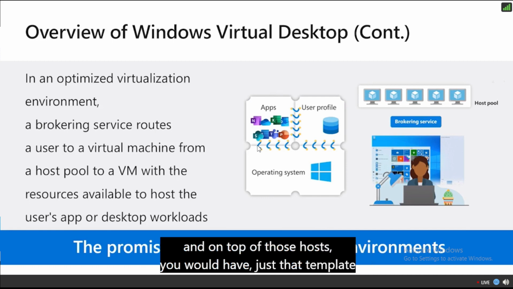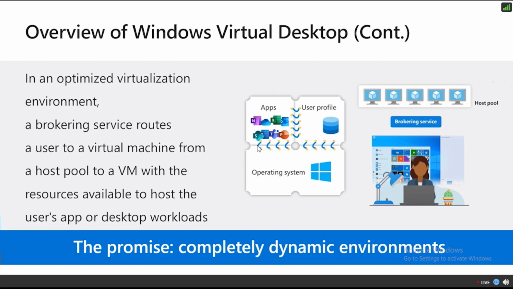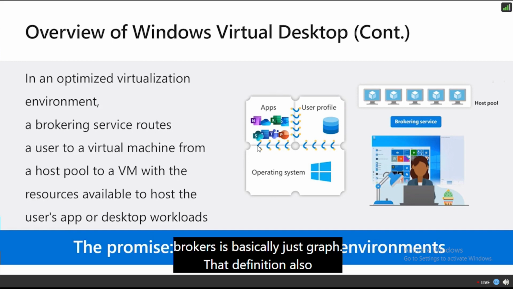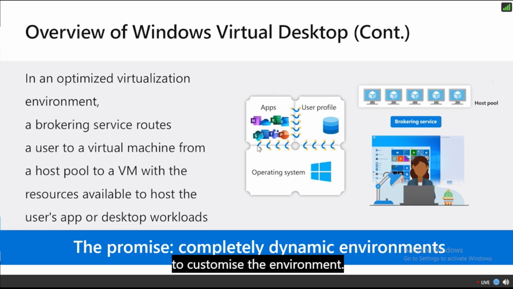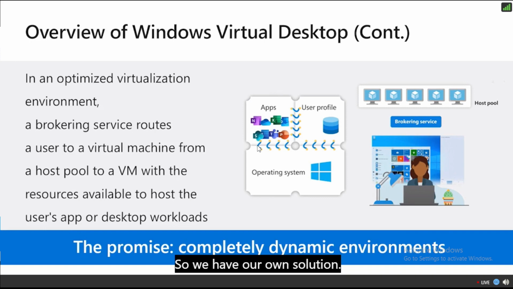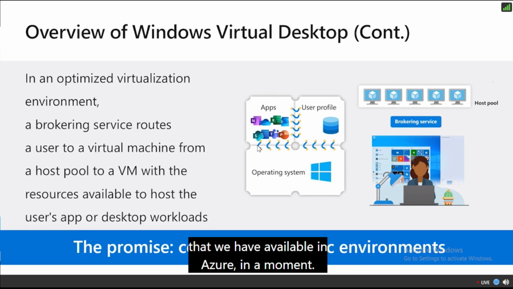On top of those hosts, you have a template of the operating system and the applications installed. Every time a user connects to that environment, the broker service grabs that definition and also grabs the data that belongs to that particular user to customize the environment. That's what it does behind the scenes. We also have our own solution, and we'll talk about the virtual desktop solution that we have available in Azure in a moment.